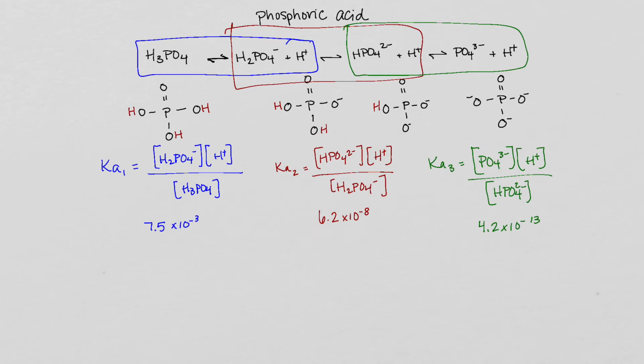And when we talk about buffers, we will talk about the relationship between Ka and pH in a lot more depth. But I just want you to start thinking about what it means to have this Ka value and what this actually means. So it means that our equilibrium is going to lie much further to the right.